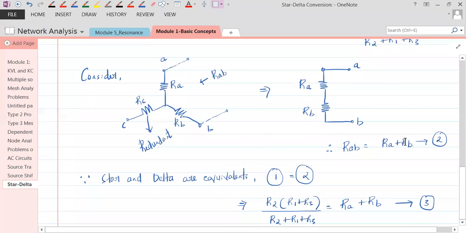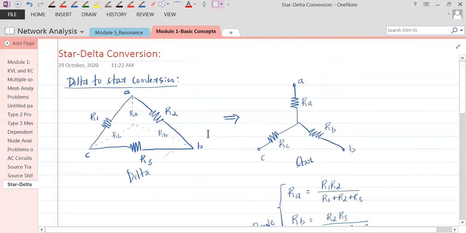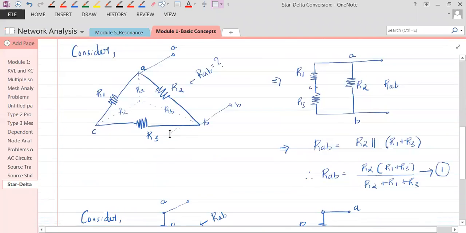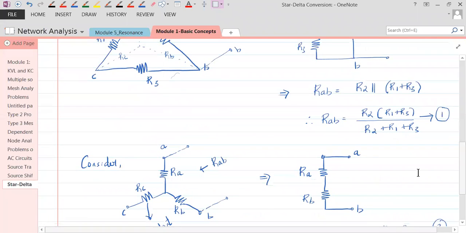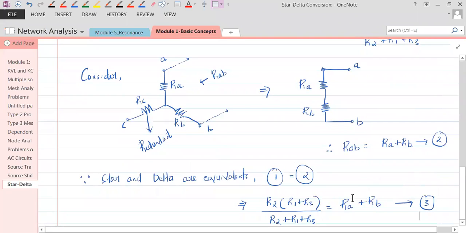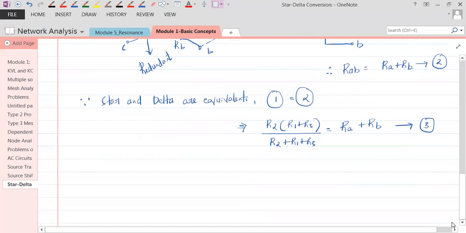So RAB happens to be RA plus RB. Since these two are equivalents, these two are equal. If you are given delta, I'll give you star. If you give me star, I'll give you delta. So in that sense, they are equivalents. Since they are equivalents, equation 1 and 2 are same actually. So therefore, we can have this. Is that okay with you? Similarly, we can have.